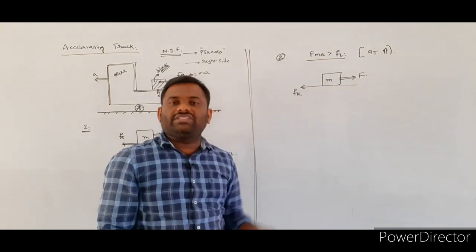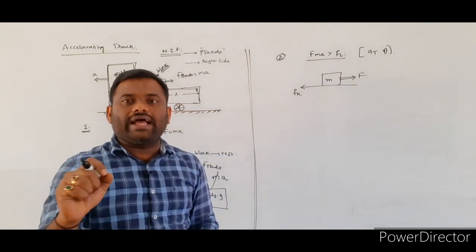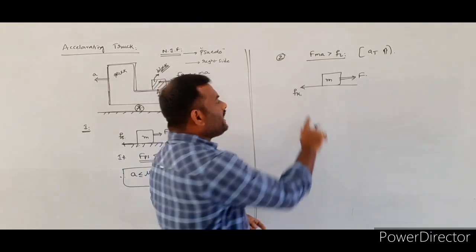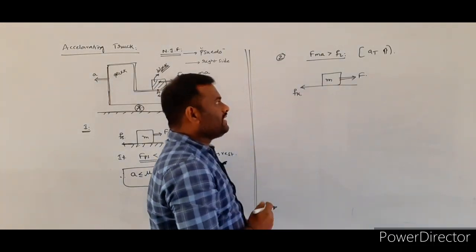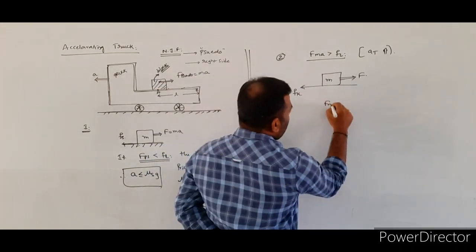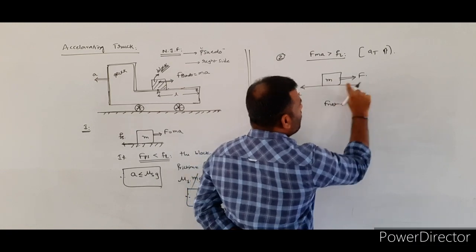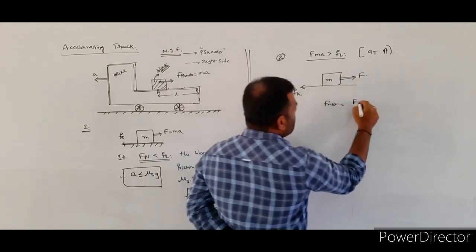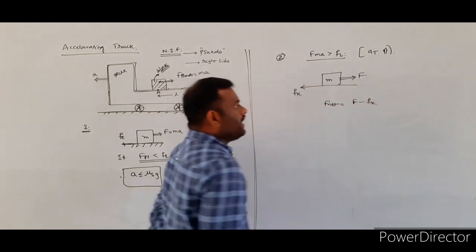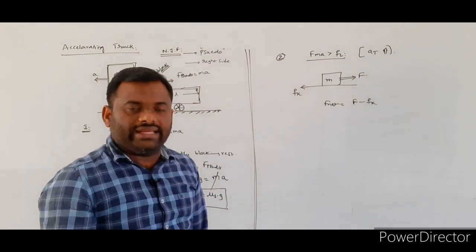Then which type of friction will exist? Kinetic friction will exist. So here two different forces are acting on the system, so net force is equal to pulling force minus opposing force, that is, F minus Fk.